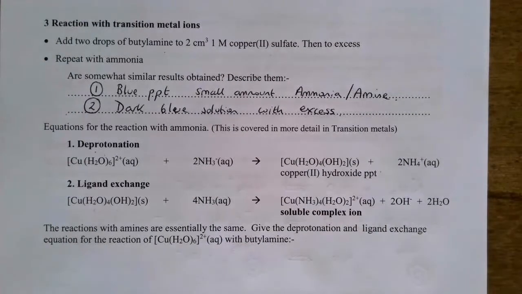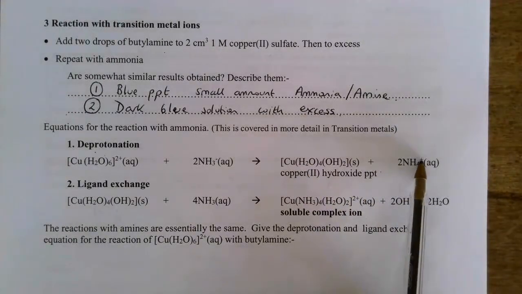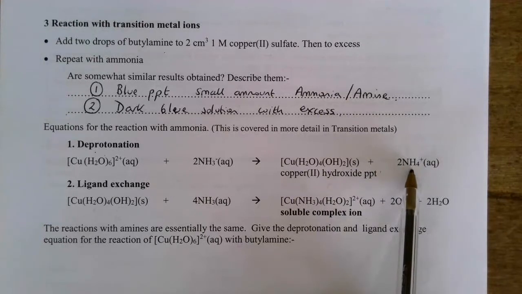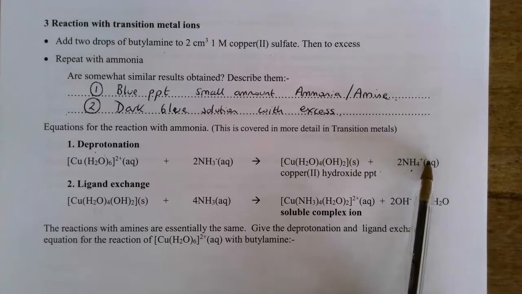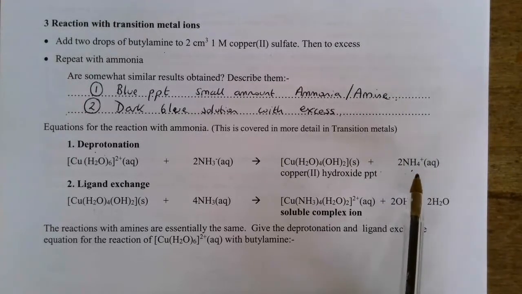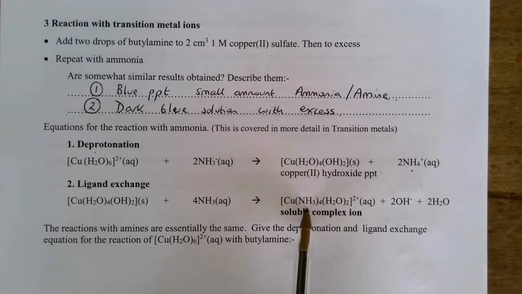Now the reactions for the amines are identical. Basically, all you're doing is you're replacing one of these hydrogens with an R group. So this becomes 2NH3 positive with the R group, so it's 2RNH3. And here you're replacing one of these hydrogens again with an R group. So the reactions are identical. So have a go at doing those.